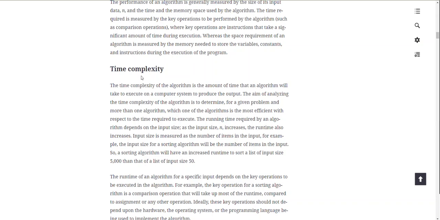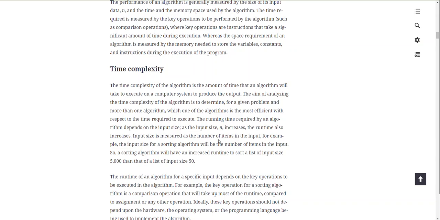The form of time complexity that we're going to deal with is called big O notation. And essentially, we're looking at what's called asymptotic notation. We're looking at things that depend on the input size. The input size, we're going to say, is n. And as n increases, generally we're going to see runtime increase, meaning the time it takes to do the work.